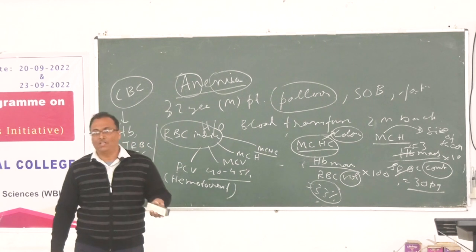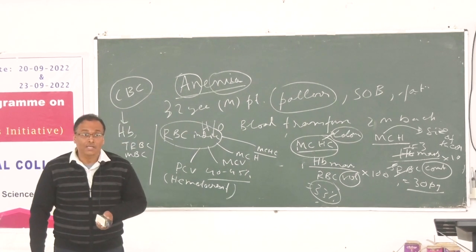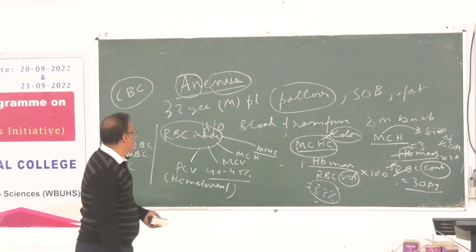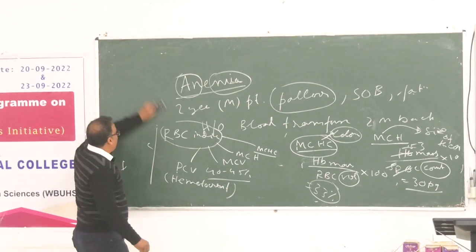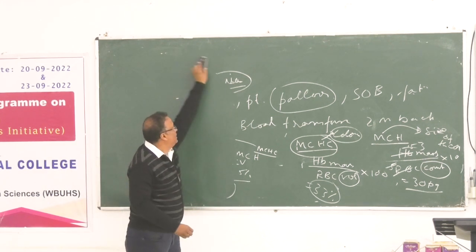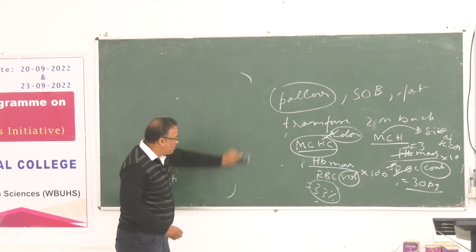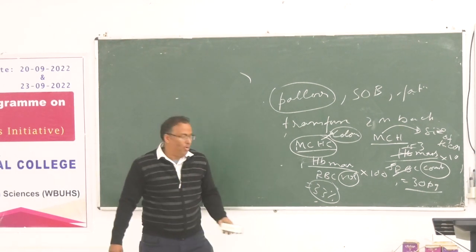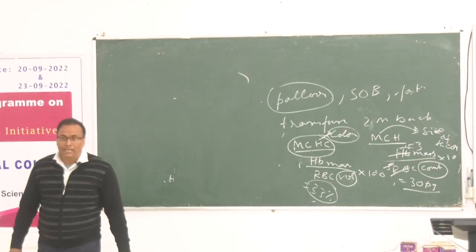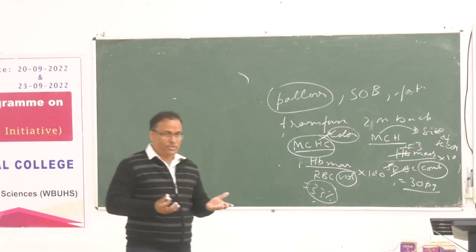So this RBC is very important for your clinical aspect and also for classification of anemia. Because classification of anemia is in two ways. One is etiological. What do you mean by etiological? And one is morphological. Etiological means, etiology means cause.